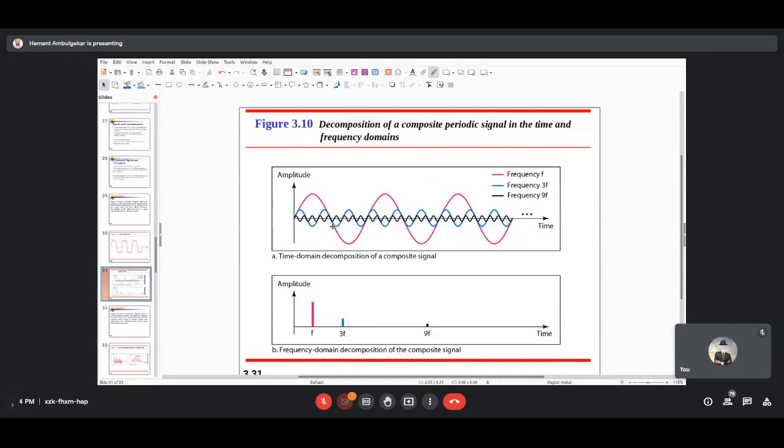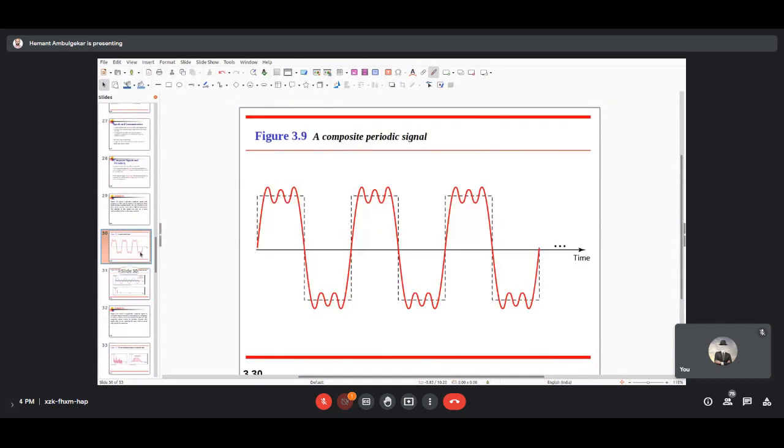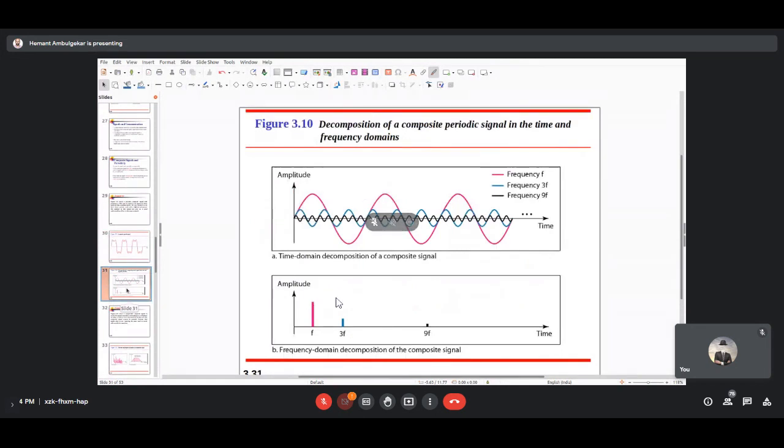This composite signal consists of these three sine waves. One sine wave, in pink, has frequency f. Another has frequency 3f, and another 9f.